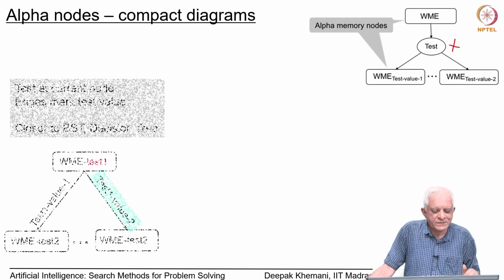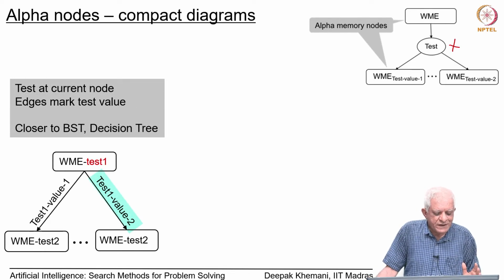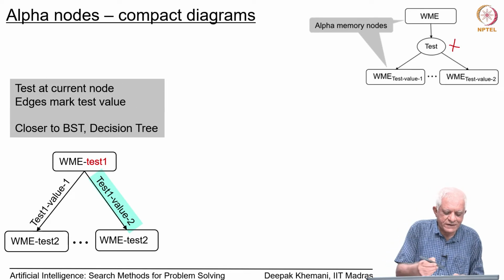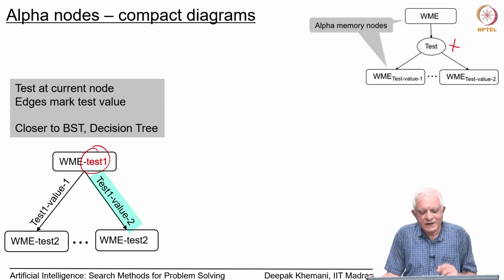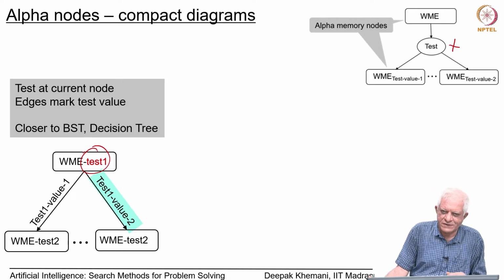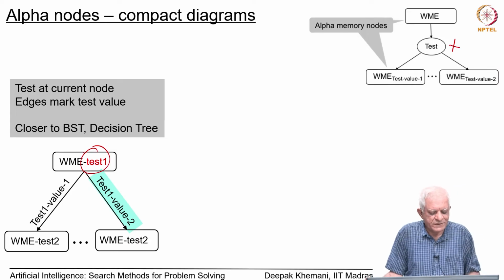We either draw a diagram which looks like this, where the test is done at the current node. You can see at the top here that the test is mentioned, and the value of the test is mentioned on the edge that follows. This is only for illustration purposes; they are easier to draw and use when we are talking about Rete Net.